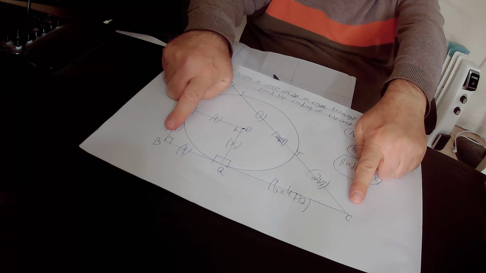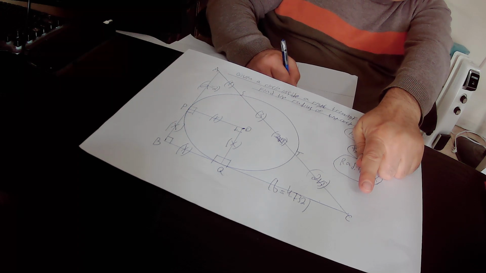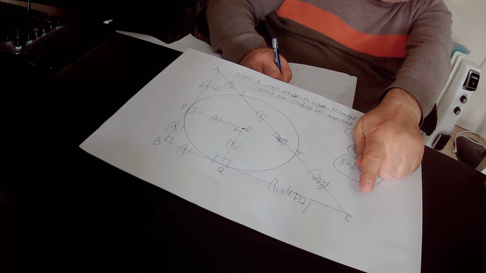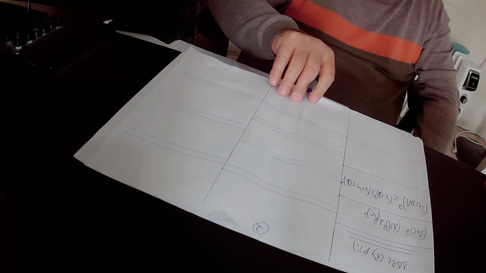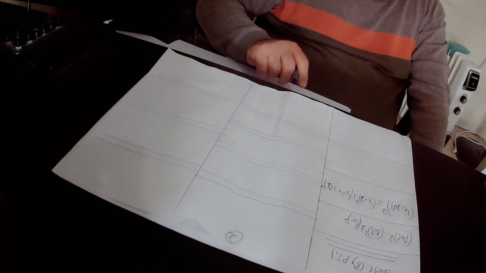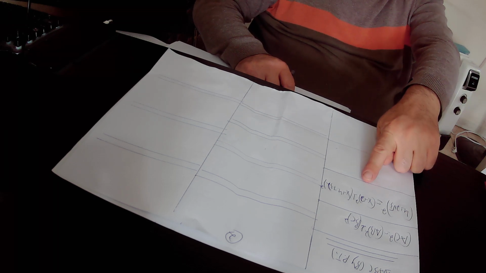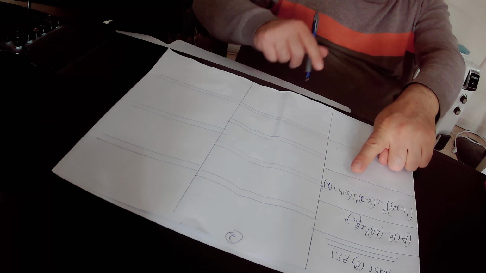BC equals x plus 4.732, therefore BC square will be equal to x plus 4.732 square. In conclusion, we found out that 4 plus 2 times root of 3 square equals x plus 2 square plus x plus 4.732 square.